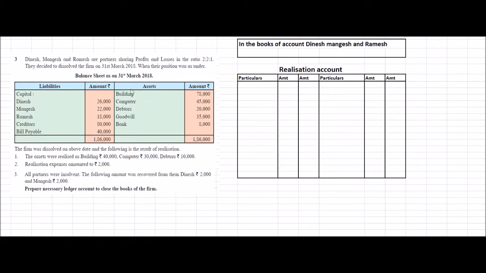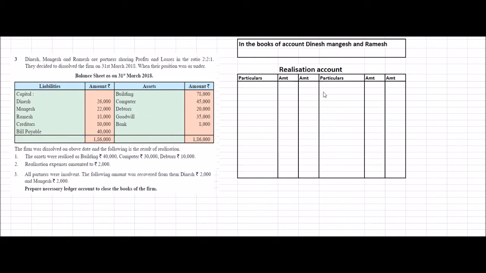Here, in the realization, we first have to send all the accounts to the realization account. Once they are sent to the realization account, whatever loss we get will be transferred to the partners' capital accounts. The recovering amount will come from the realization account.